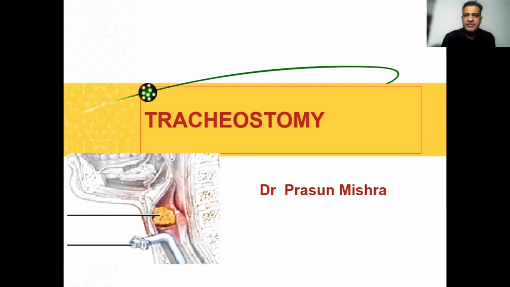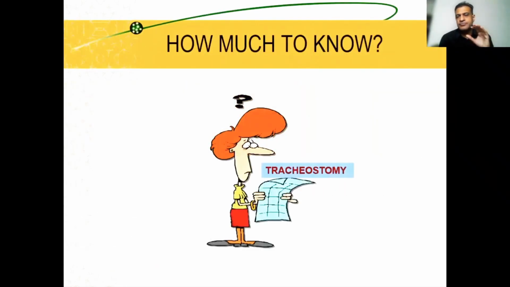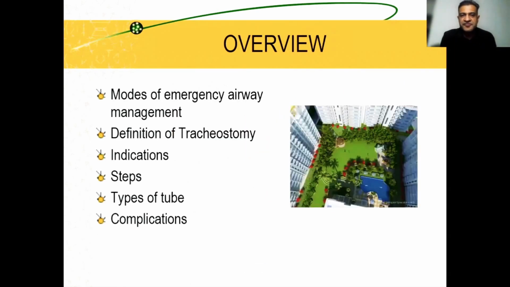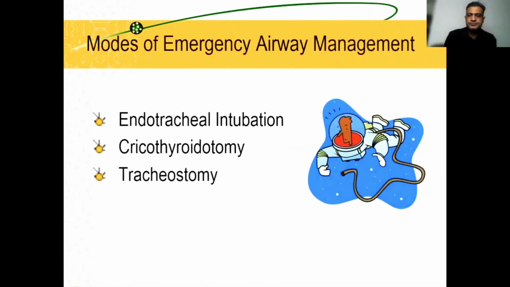In tracheostomy there is too much information given, but when we write a short note or a long question, our mind should be focused on writing all the important salient features. So we have to write about modes of emergency management, define tracheostomy, indications, steps, types of tube, complications, and then 2 or 3 lines about the conclusion.